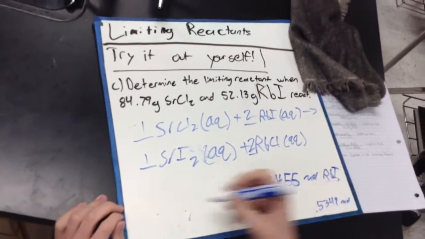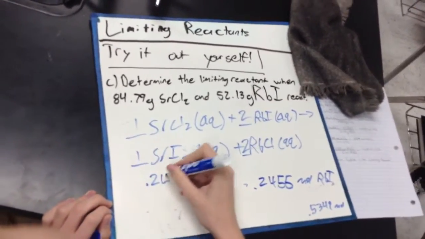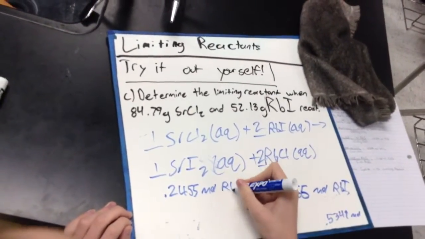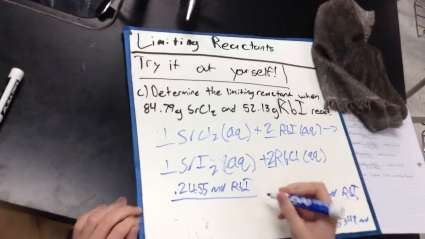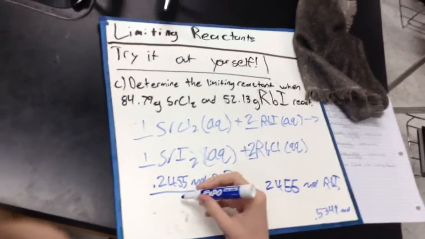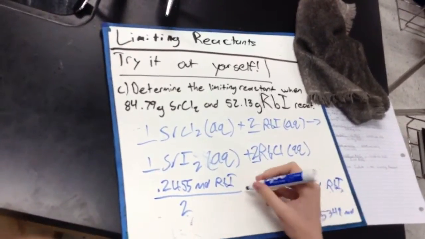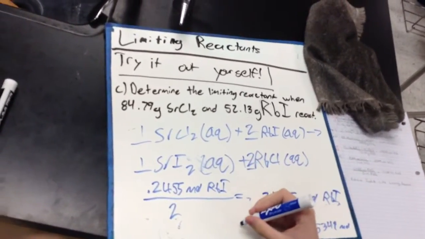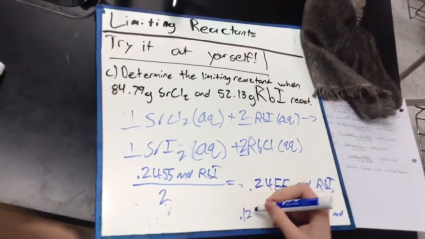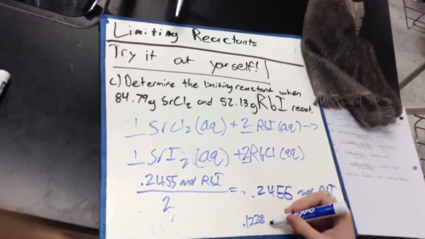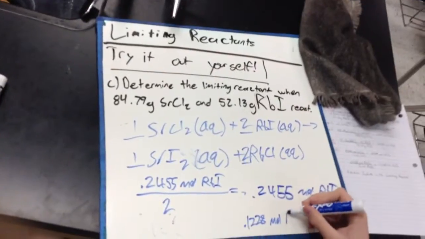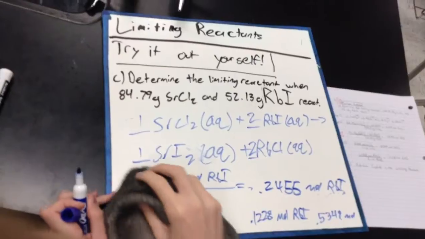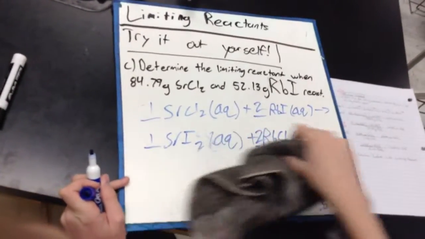So we divide 0.2455 moles of rubidium iodide by its coefficient, which is 2, and from that we get, write it down here, 0.1228 moles of rubidium iodide. And then we'll do the same thing for the other reactant, strontium chloride.